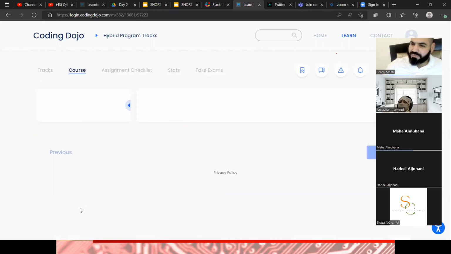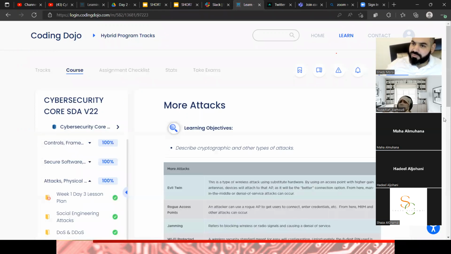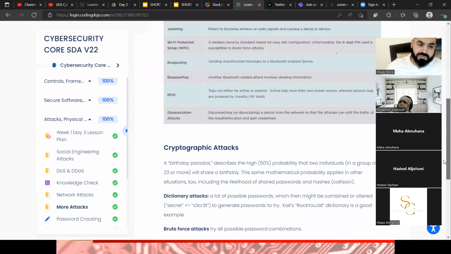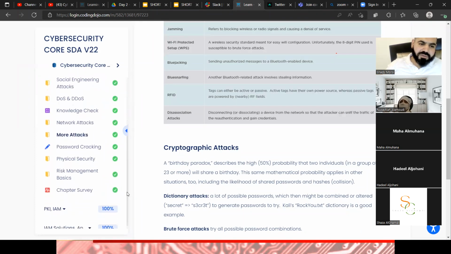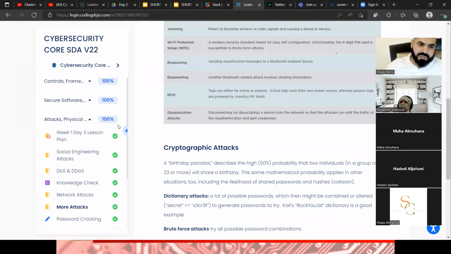And the assignment checklist. Okay. What is that? Can you click on the assignment checklist? It's in the upper menu. Where is it? I'm sorry, I can't see.